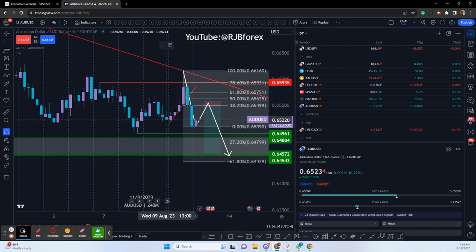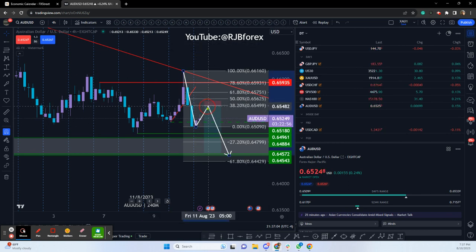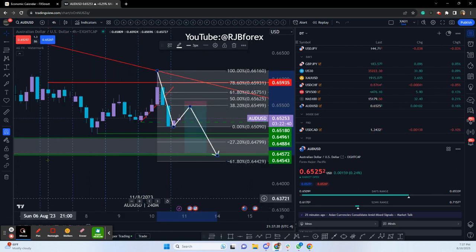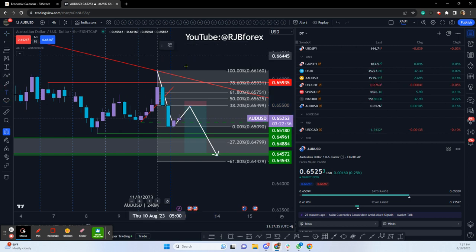Noting that we've broken that structure there. It's currently acting potentially as support as the market moves up. Okay, so this will be day 2 continuation trend, day 2 of the 3-day cycle.